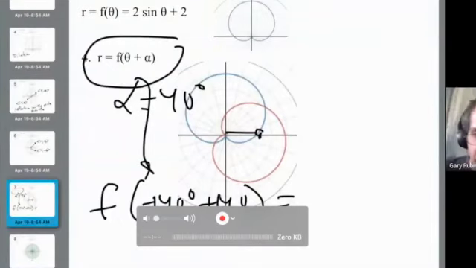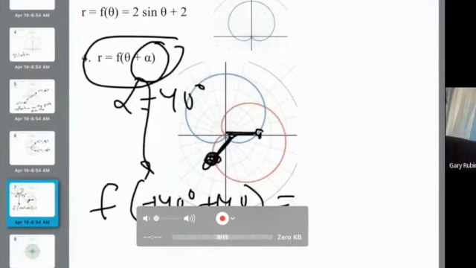Am I rotating the right way? Yeah, it is. It's a little confusing, but it does a rotation. Because when you put in the negative of the angle, it ends up where it used to be. So now when I put 140, I end up with the thing I used to get at 0.